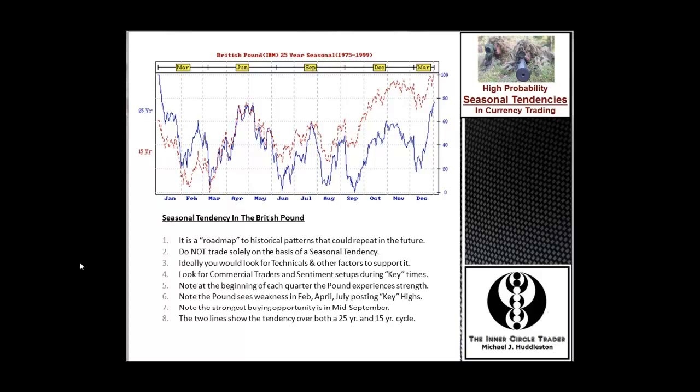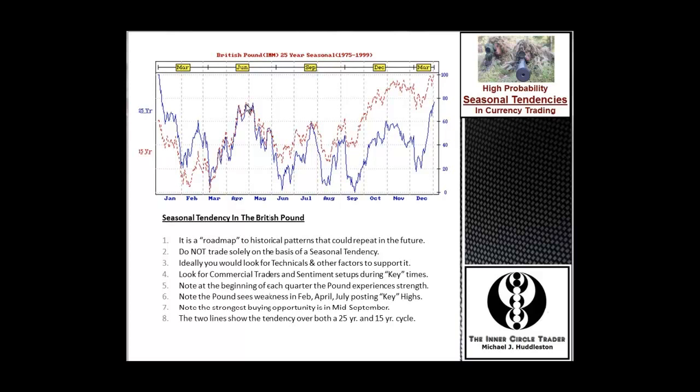If you look at the seasonal tendencies in the market, for instance, the pound usually makes a high in the late part of April down through May, early June.